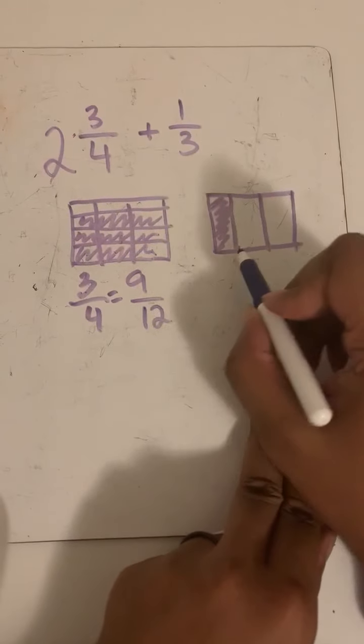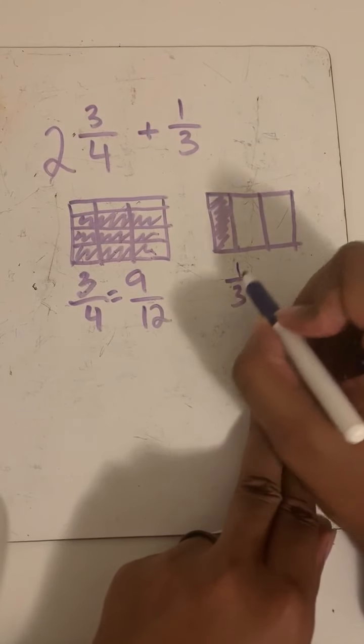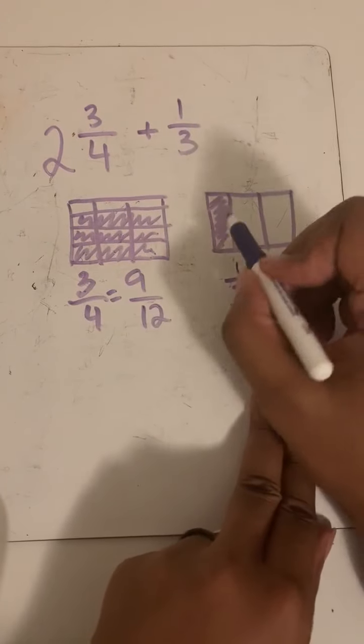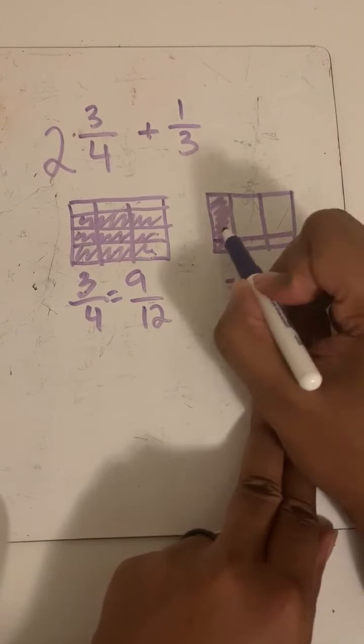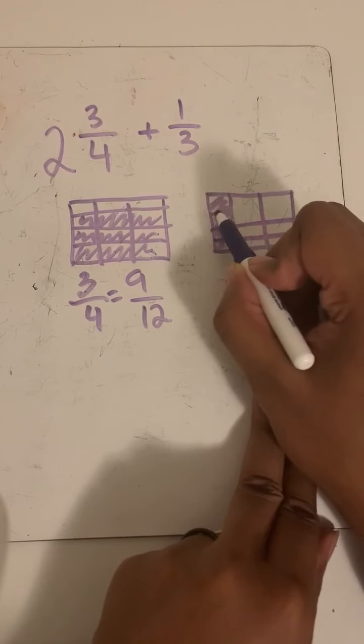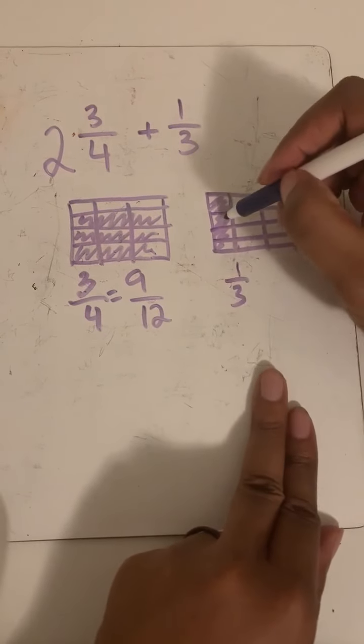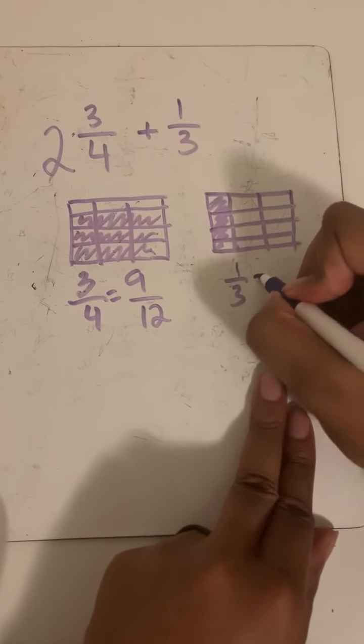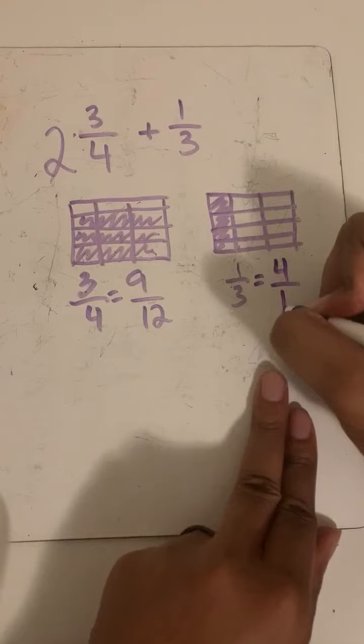Now let's look at 1/3. I cut this into 4 parts: 1, 2, 3, 4. I got 1, 2, 3, 4, 5, 6, 7, 8, 9, 10, 11, 12. Look at that, 4/12.